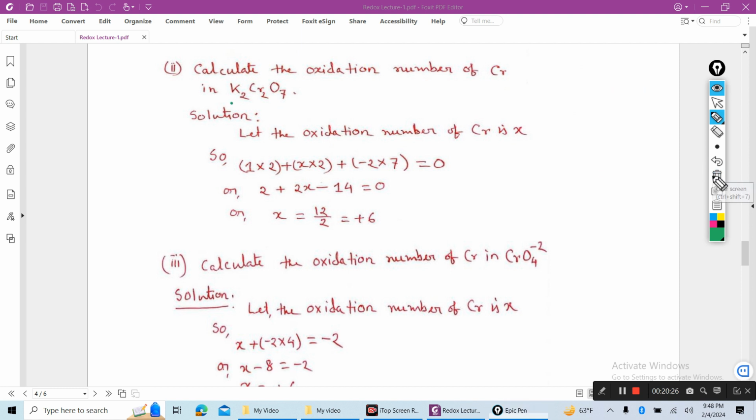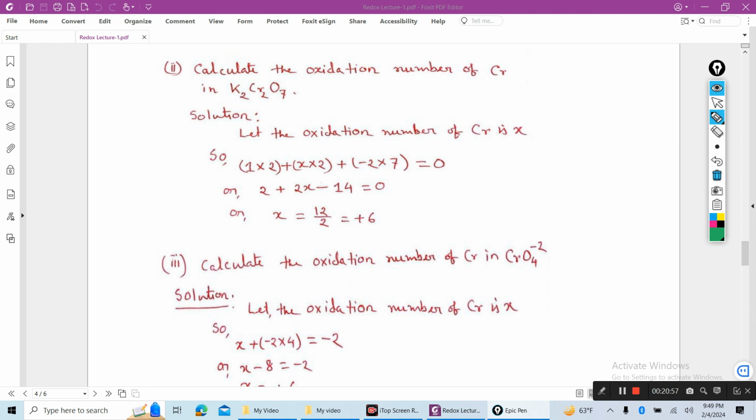Now 2 potassium atoms, 1 times 2, X times 2, why 2? Cr2, 2 chromium atoms, plus 7 oxygen, minus 2 times 7, the oxidation number of oxygen is minus 2, times 7, equal 0, neutral, there is no charge here.